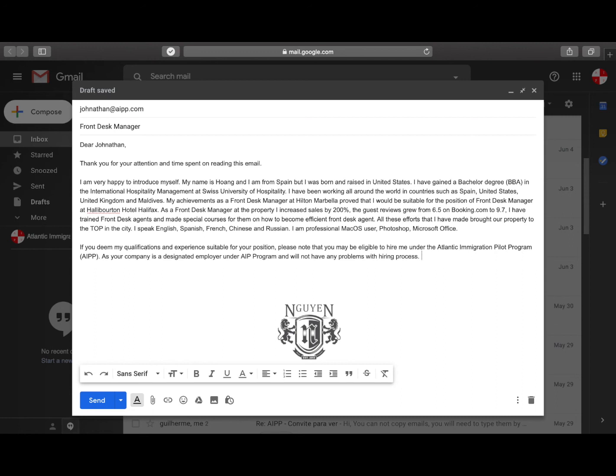So if the person who is hiring is new and not informed about that program, you can just inform them again in this email that they're designated employers and they won't have any problems with that. Of course they will, but this is just to make this email more professional, that you are good at immigration and stuff, right?